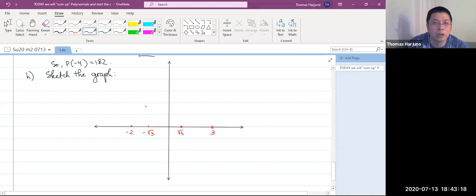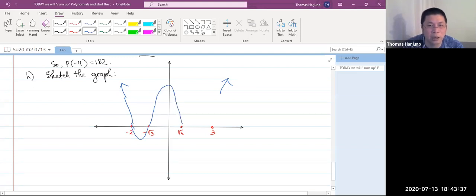And then it's top, so it will look like this, the far end behavior. Now what happened in between? It will be all simple zeros. So when it crosses the x-intercept, it will cross as a linear, basically like a line. And this is positive 18.